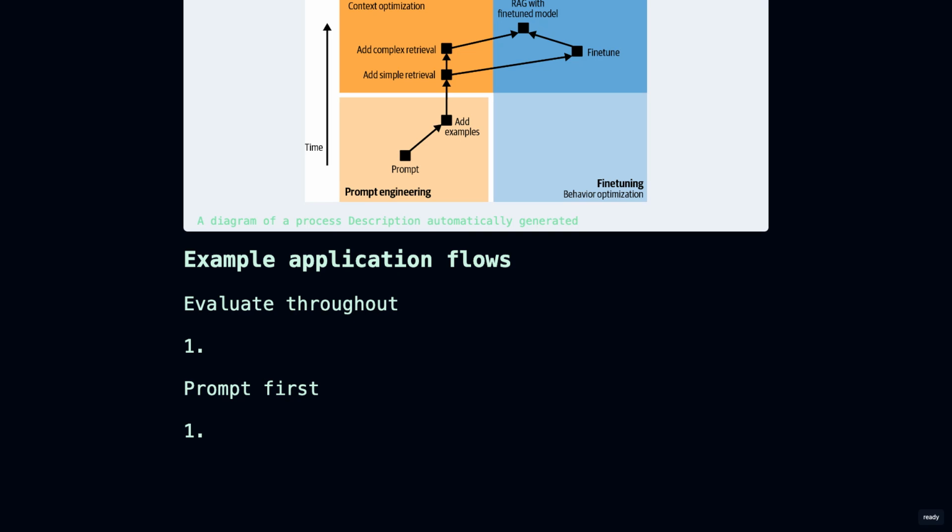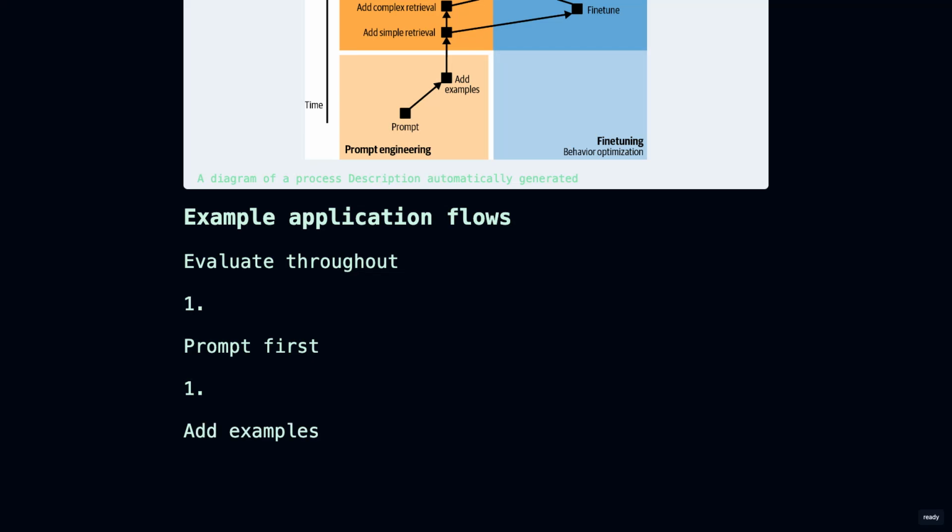Few-shot prompting can solve a surprising number of tasks before you need anything more complex. The number of examples can vary a lot by task. Some problems need just one or two examples, while others benefit from many more.